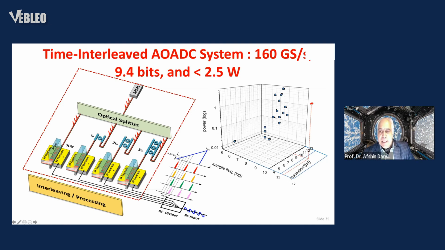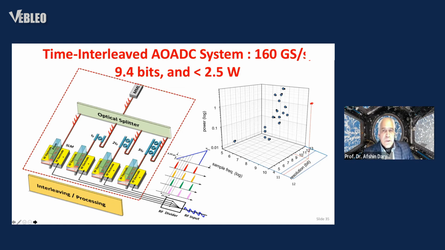And you can see, based on the data, you would have under 1 watt of power consumption for each one of these 4 interleaved structures, and you have about 9.5 effective number of bits, and you do have the capability of 160 gigasamples per second effectively.